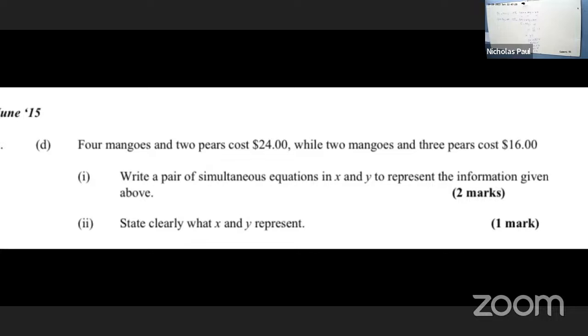Right, so let's now start with elimination. Create an example of the elimination.